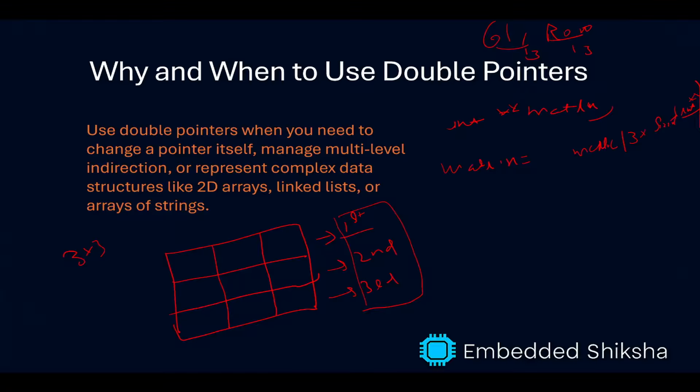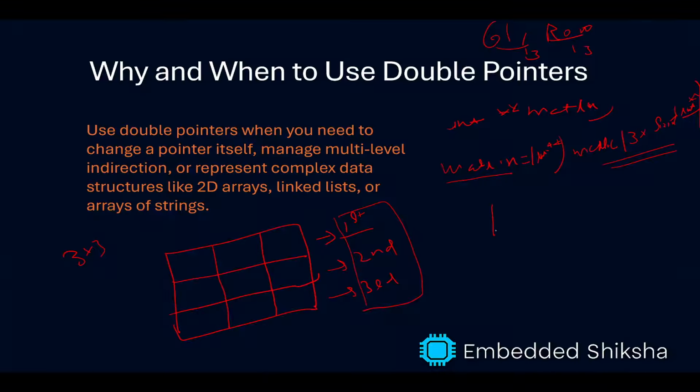And then after allocating the memory of integer star, malloc is going to return a double pointer to me, which I will typecast to integer star star. So now matrix is holding the address, so matrix pointer, which is a double pointer, is holding the address of these three pointers basically.